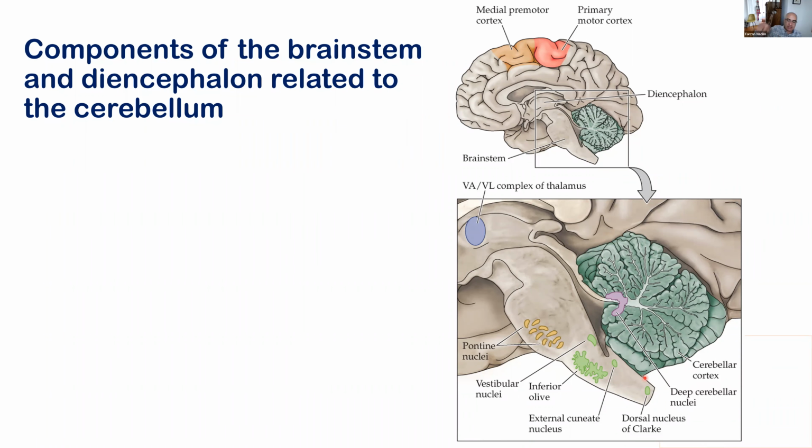Okay, that's what that is. There are also touch sensory neurons that project to Clark nuclei, and those are the inputs that come basically ipsilaterally to the hemispheres of the cerebellum.